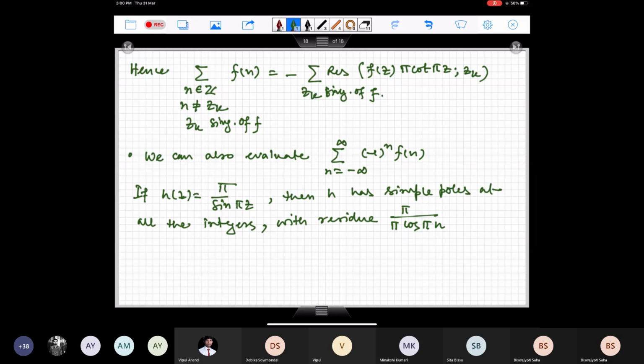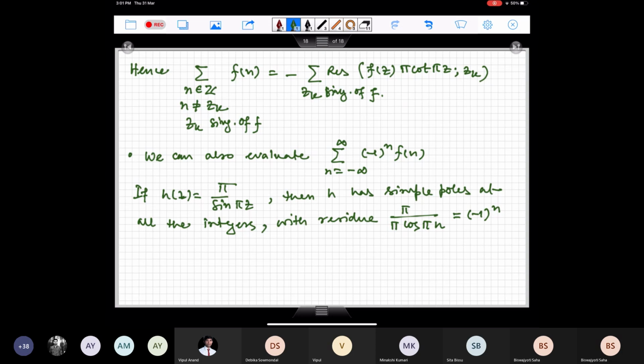Now, what is cos pi n? Cos pi n is actually nothing but minus 1 power n, because cos 0 is 1, cos pi is minus 1, cos 2 pi is 1 again. So the residue here is minus 1 power n.